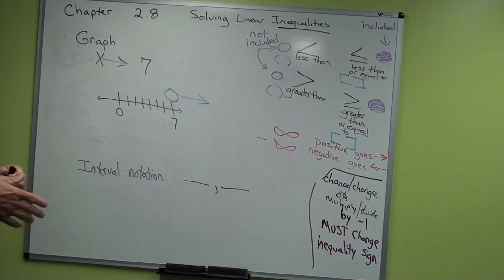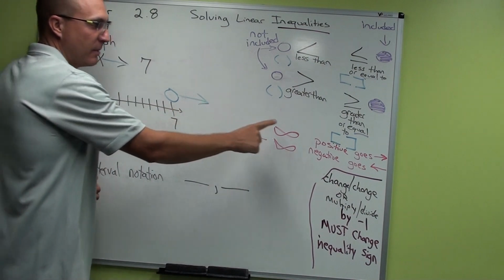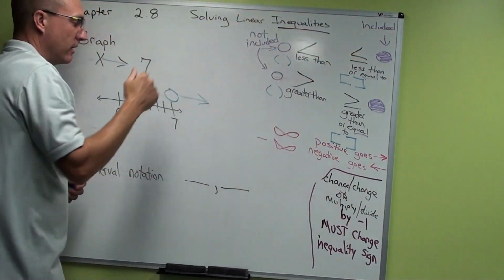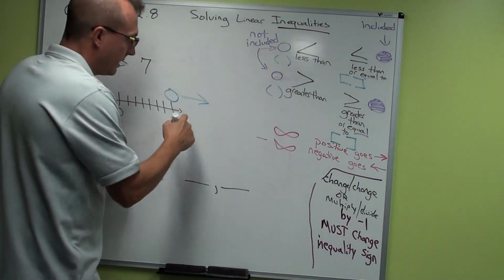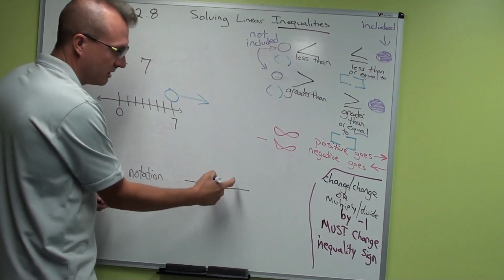The first thing you look at is which way is our arrow going. So see how our arrow is going this way? That means it's a positive infinity. That means it's going to the right. That means positive. So now what you do is, since it's going positive, you take this infinity sign and put it on the positive side.